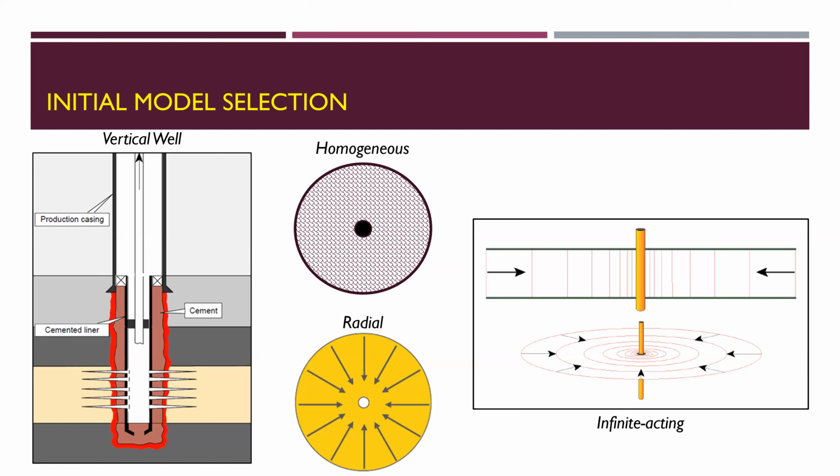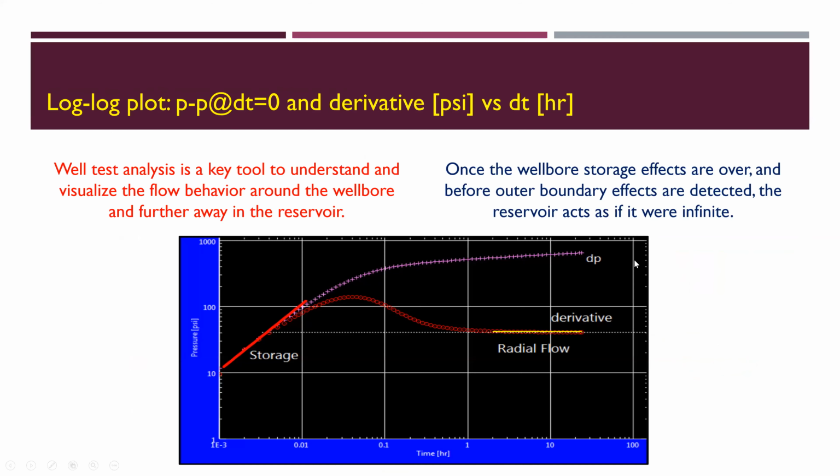With this consideration in mind, what are you expecting from the pressure response? If a vertical well is perforated along the formation, flow is radial, the reservoir is homogeneous, and there are no boundaries, just infinite acting, the pressure response should be like that: delta P versus derivative and wellbore storage in a very simple way.